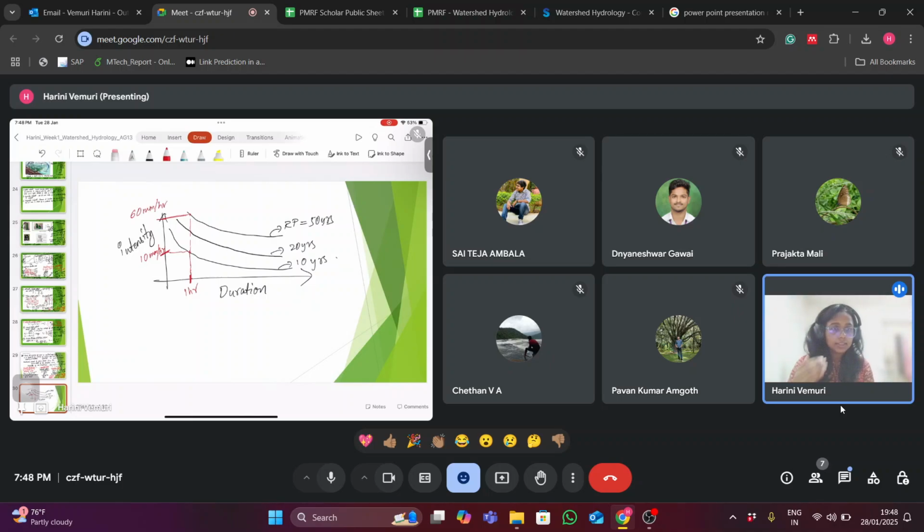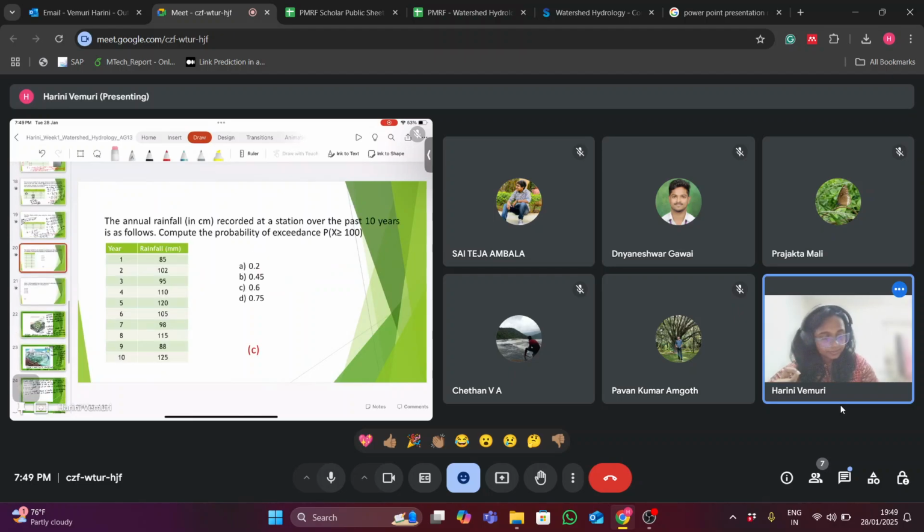That means as the return period increases, the rainfall intensity increases. Also, for a 24-hour duration and 10-year return period, the rainfall is, let's say, 5 mm per hour. So as the duration increases, fixing the return period, the intensity values decrease. Based on these curves, we will try to design the water resource structures based on the return periods obtained.